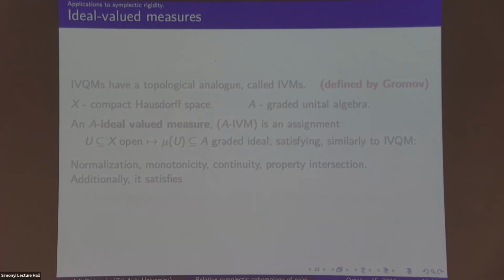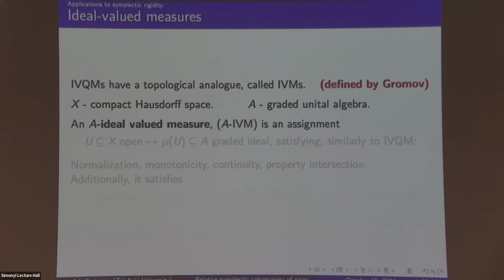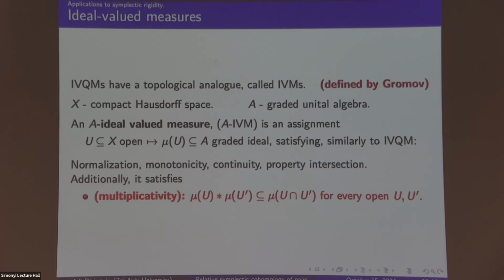Now, I said that IVQM is a symplectic analog of IVM due to Gromov. So let me define what is an IVM. Given a compact Hausdorff space and an algebra with all the assumptions, an IVM is an assignment from open sets to graded ideals that satisfies the same axioms, except for the quasi-multiplicativity.